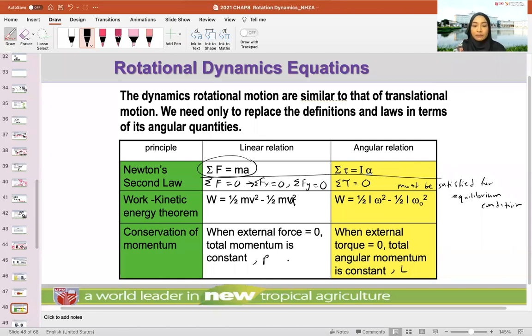Change in P was equal to 0 when F is equal to 0. Okay, sama kat sini. Change in L is 0 when torque is equal to 0. This means L is constant. Sama je. It's just like translating it into the rotational world.